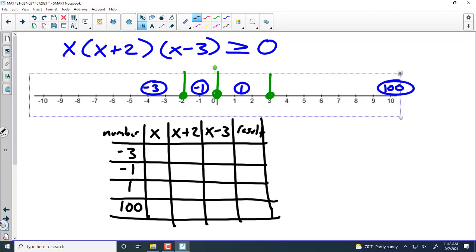What we do is we plug each one of those sample numbers into our factors. And what we're going to try and do is see if we get something positive or negative, and that will tell us if we are above or below the x-axis.